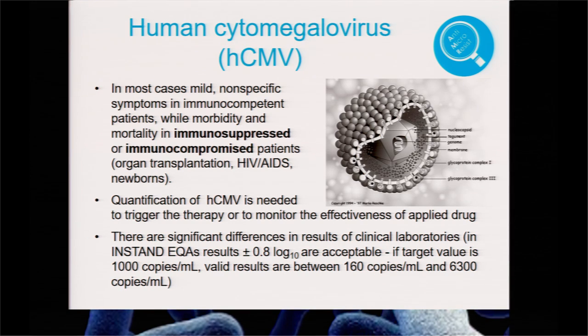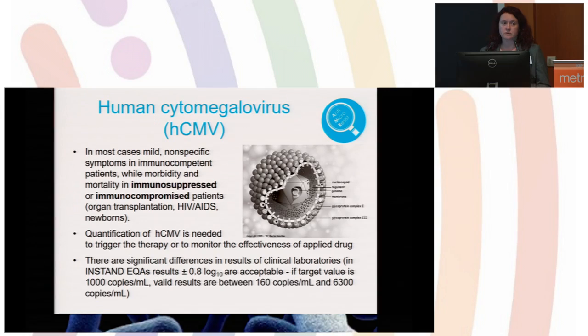In these patients, symptoms can be quite serious, and finally, people can die from the disease. So quantification of human cytomegalovirus is needed, on one hand, to trigger the treatment of such patients, and on the other hand, to follow the effectiveness of the drug that was used for the treatment.